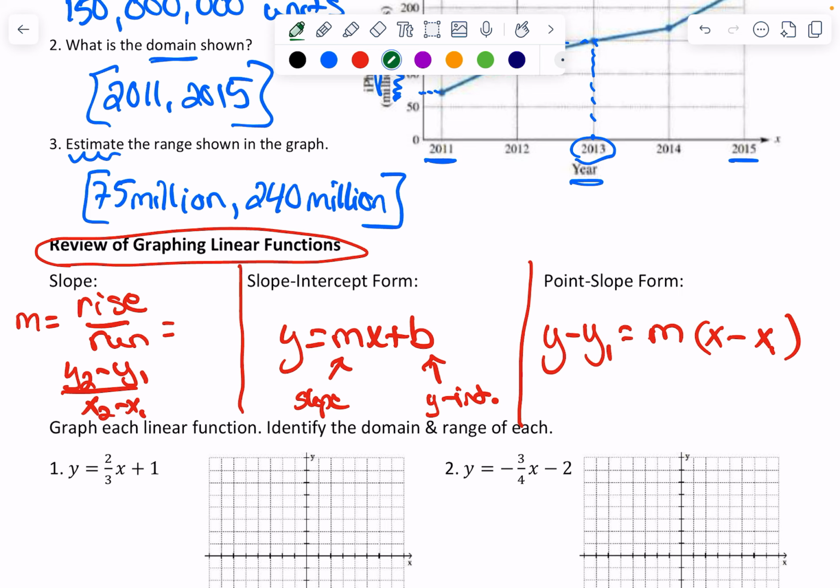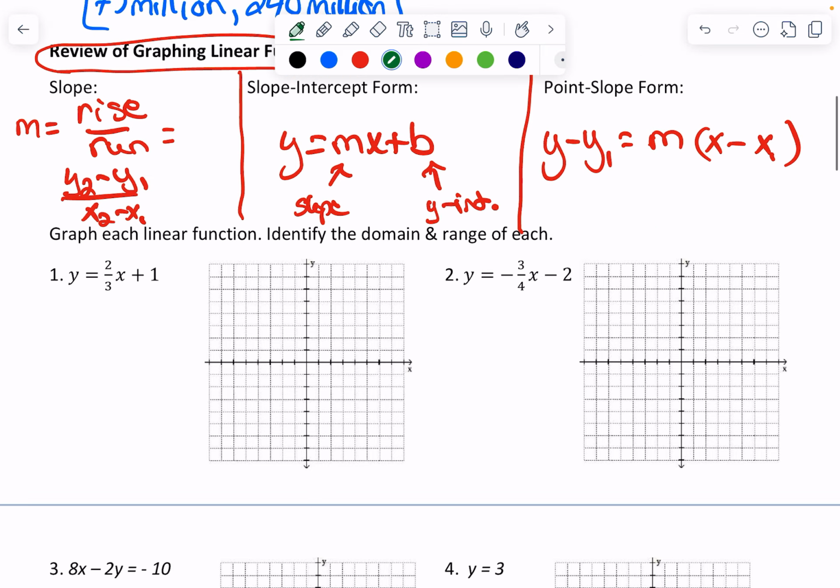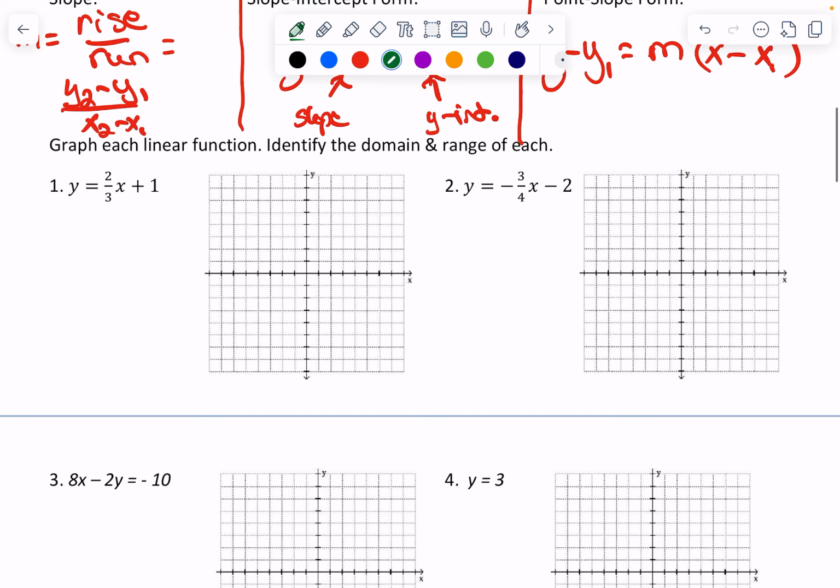Okay, let's continue to graph linear functions, identify the domain and range of each. So we're going to start with that y-intercept. So it intercepts y at 1, and now these are all 1, 2, 3, 4, 5, 6. I'm going to do this one negative 2 by 2's just because it's hard to fit all of them in. 2, 4, 6.